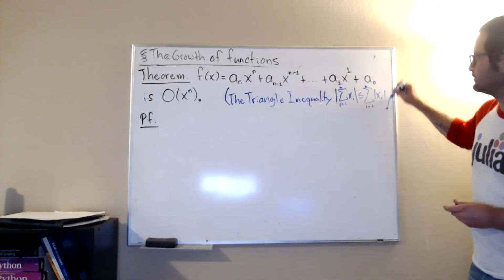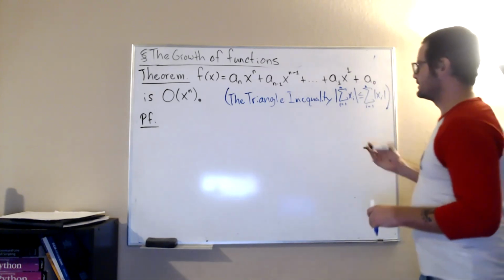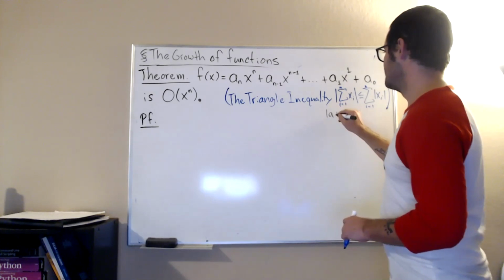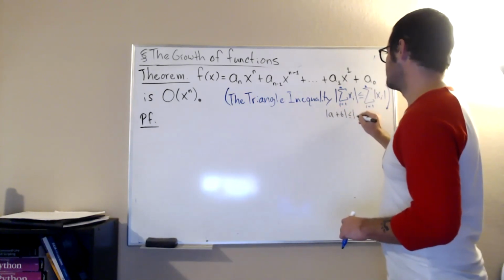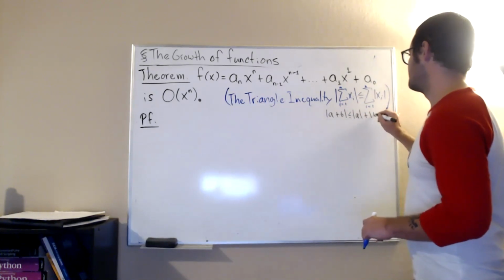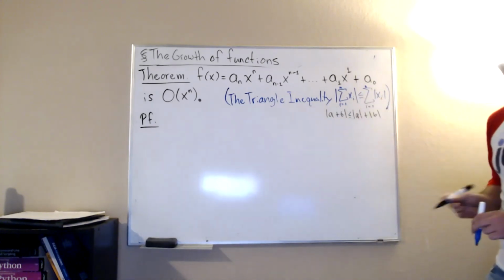So that's the triangle inequality. So for example, if you sum a and b, that's less than or equal to the absolute value of a plus the absolute value of b. That's a special case of the triangle inequality.